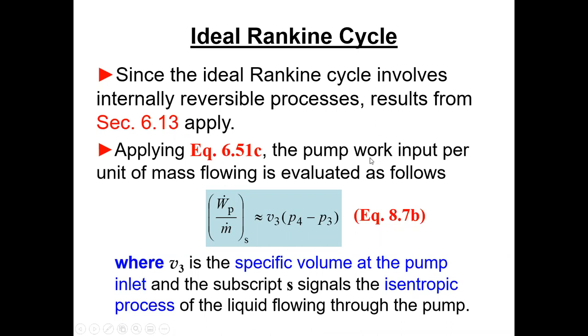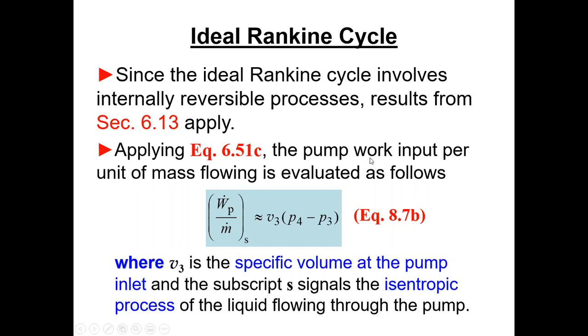Now that's the isentropic work. So if you have an isentropic pump, then you're done. If you don't have an isentropic pump, then we have to use the isentropic efficiency equation for the pump to adjust the amount of pump work, which means if it was 70% efficient, then we'd have to divide by 0.7 to get the appropriate amount of work.